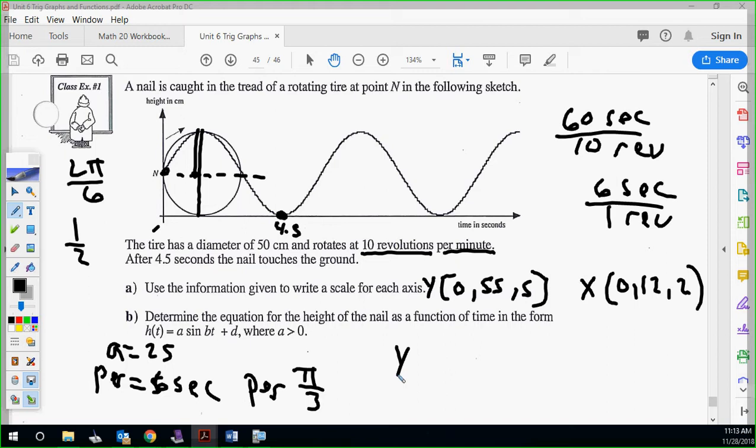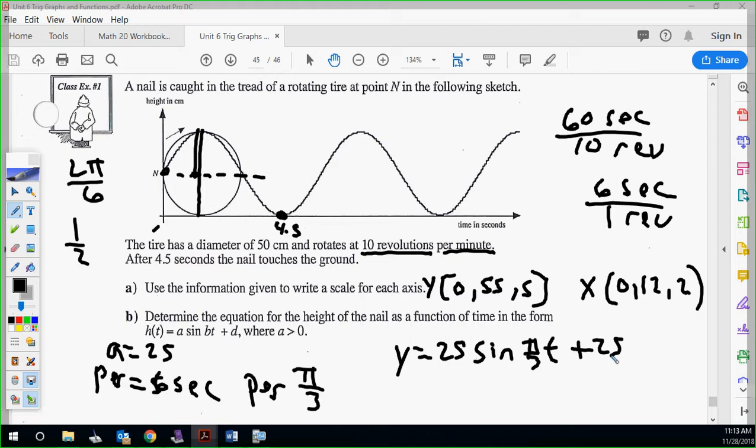So y equals 25 sine, and they tell you right here, because BT, they're not showing you there's a C. What helps me understand it is to put 0 at time.